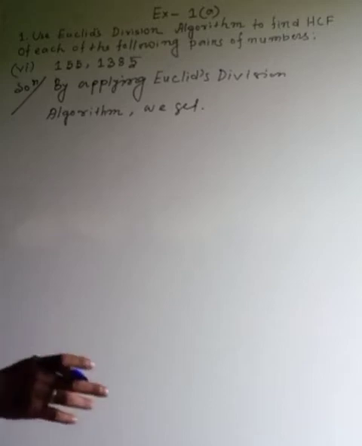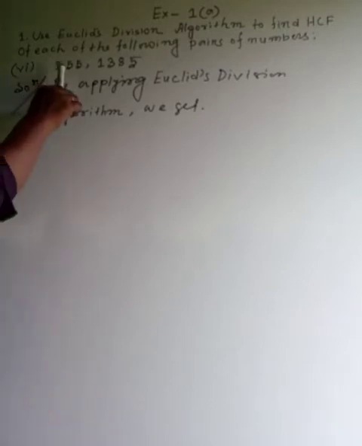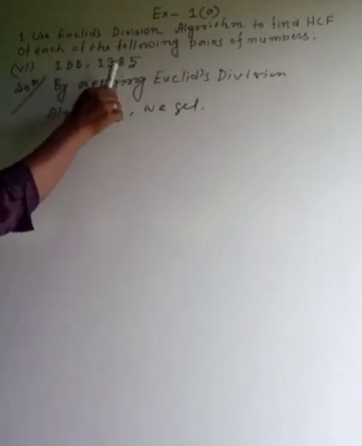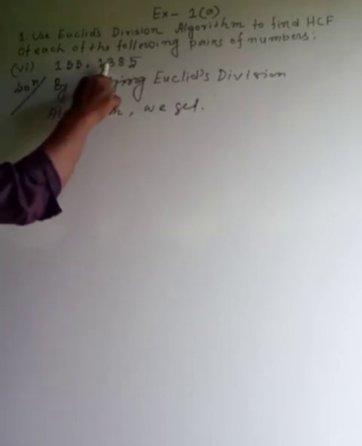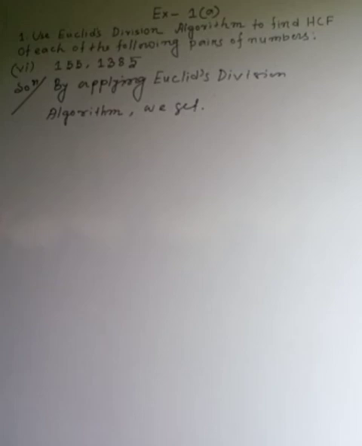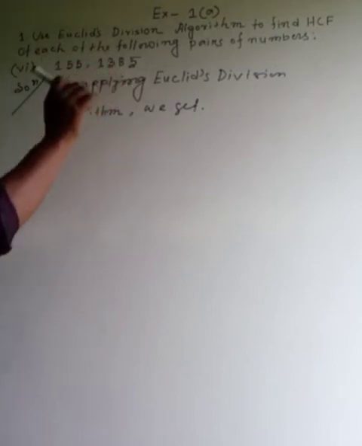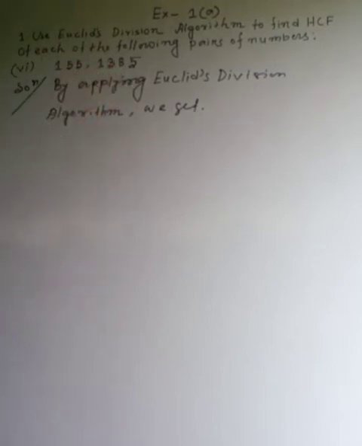What we have to see? Try to understand. We have to see the numbers. Which one is the bigger number? Here 1385 is the bigger number. So we consider 1385 as the dividend, and the smaller one, 155, will be the divisor.